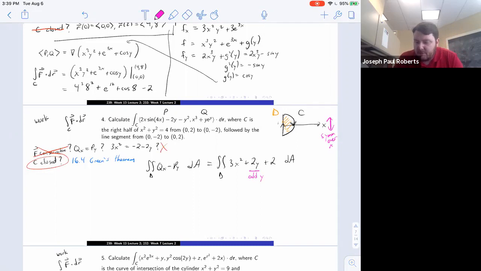Whatever contribution 2y makes here is positive, and 2y here is negative with the exact opposite value. So when you add them all up and do this integration, the symmetry in the region and the symmetry of the term 2y work against each other, and so you end up getting 0.